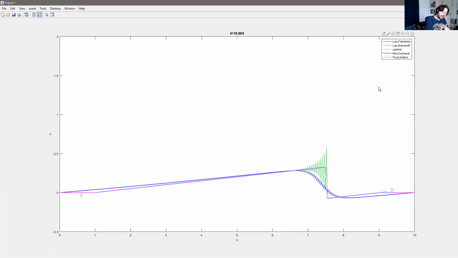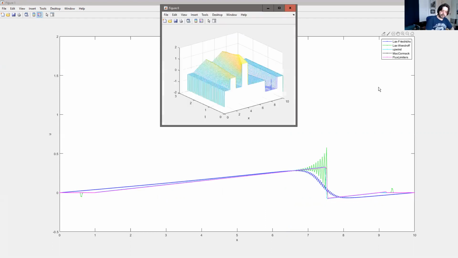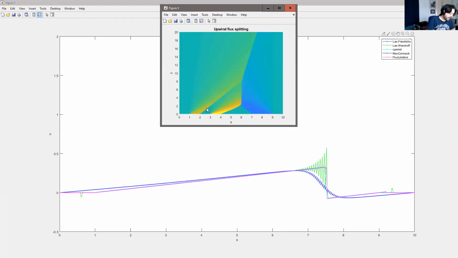But now, the last plots that I would like to discuss with you is essentially the space-time representation for exactly this solution. So we have x here and t in the vertical axis, and what I'm showing here is the solution that I obtain as a function of space and time for the various schemes again.